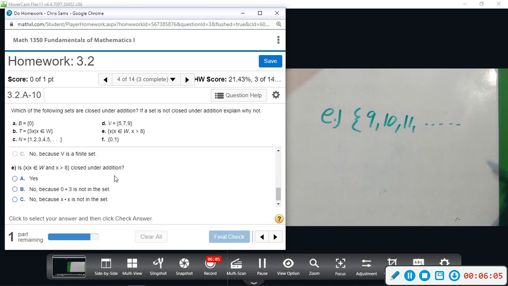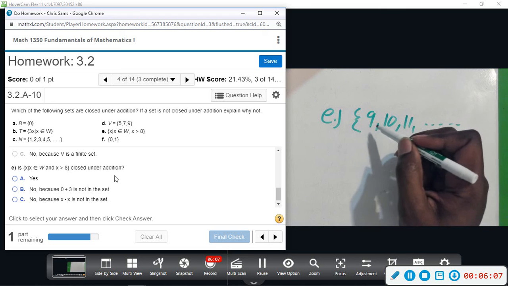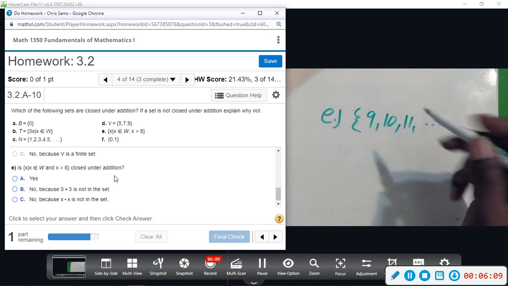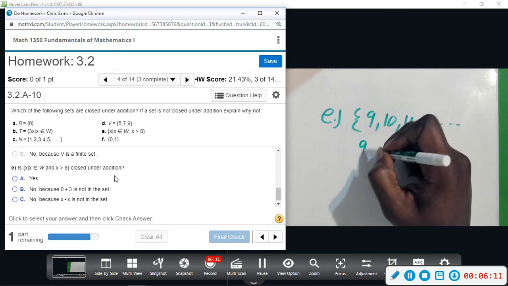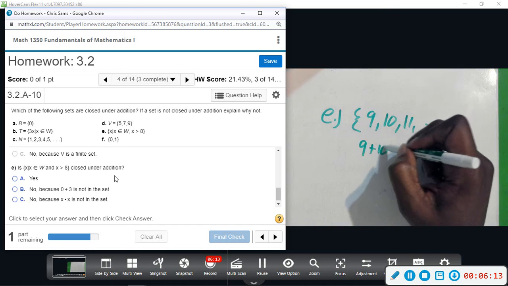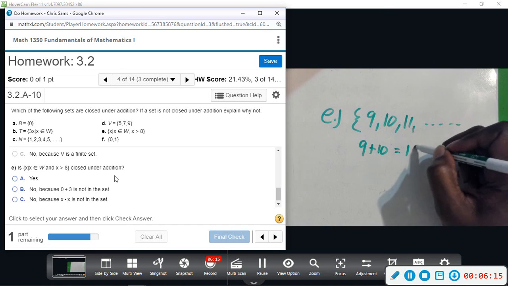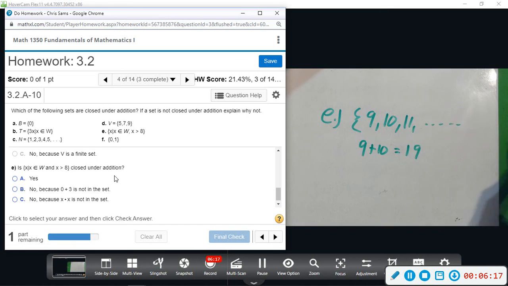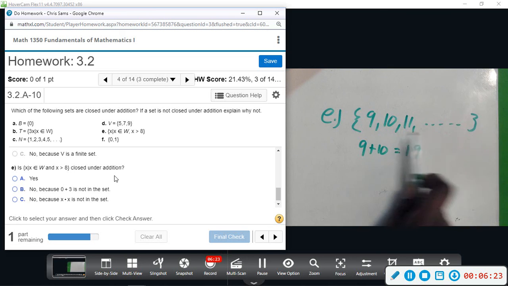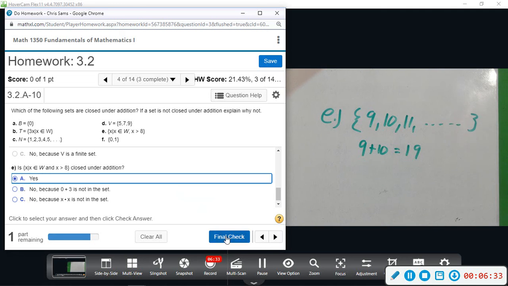Again, since these are whole numbers, if I add any two of them, let's just say 9 plus 10, that will give me another whole number, 19. And that would be the same for any two whole numbers. Any two whole numbers we add will result in a whole number. So this one is also closed under addition.